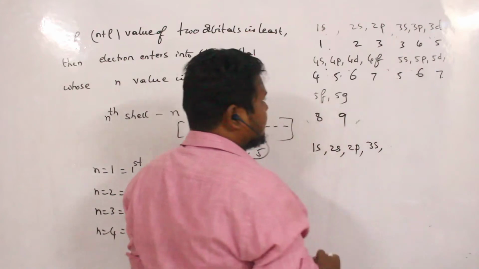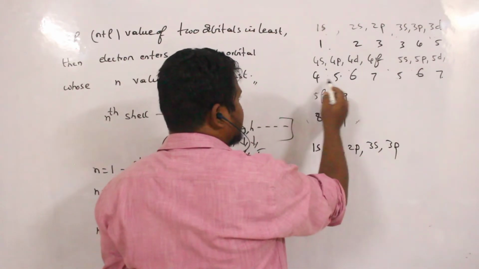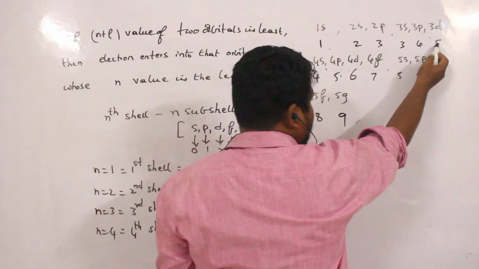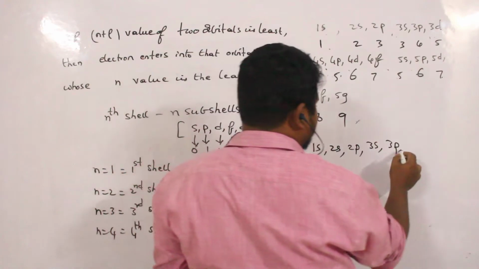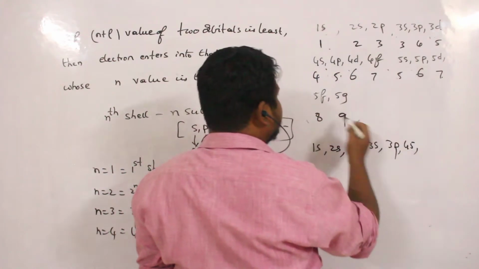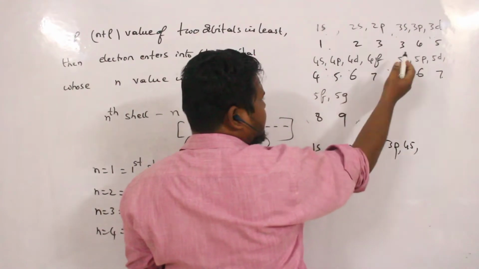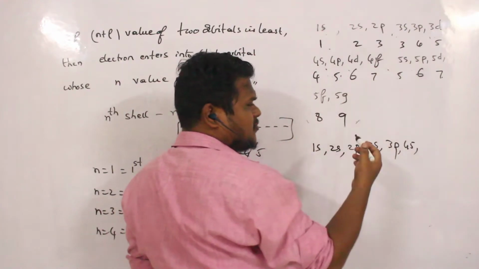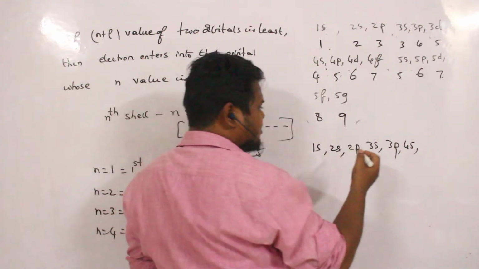Then it is followed by 3p. Then it is followed by 4s. See, here I have 3d value is 5. So electron doesn't enter into 3d, it enters into 4s. Okay. Then, see, 3d and 4p have the same values. Then electron will enter into which one? 3d or 4p? 3d. Why 3d? Because its n value is least.